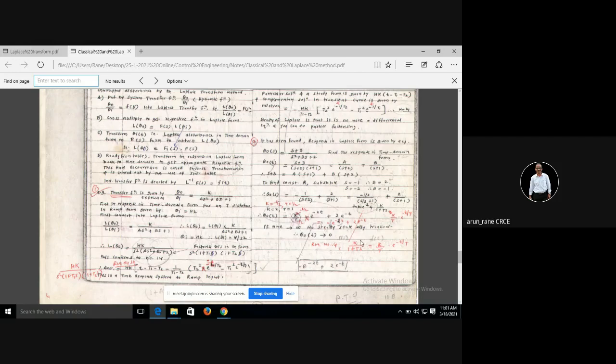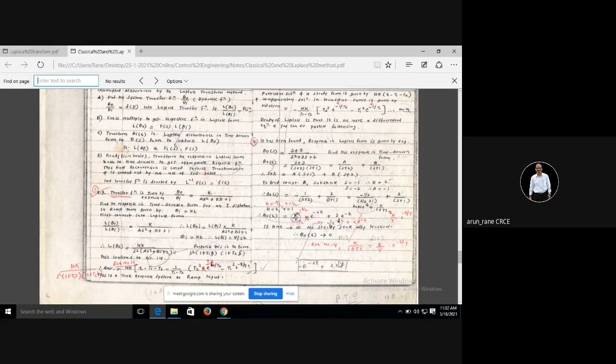So now you have to find out which of these will be steady state and which will be transient. So finally I am getting e raised to minus 2t plus 2 into e raised to minus t. Now if time changes to infinity, when t is 0, this answer will be 0.